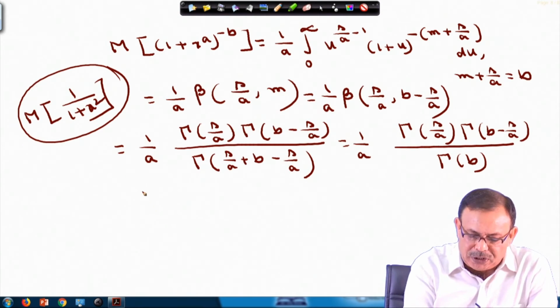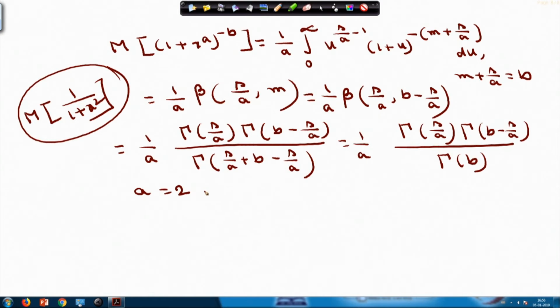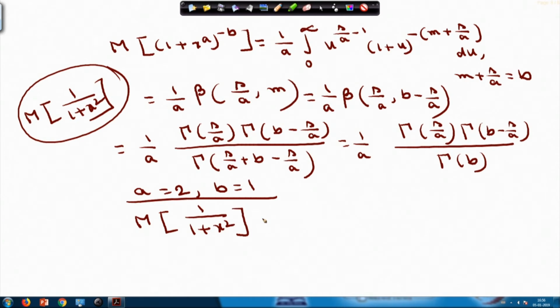To find out the Mellin transform of this, simply you put a equals 2 and b equals 1 in the earlier result. If I put a equals 2 and b equals 1, the function will become 1 by 1 plus x square, and this equals, a is 2, so half into gamma of s by 2, divided by gamma b, b is 1.